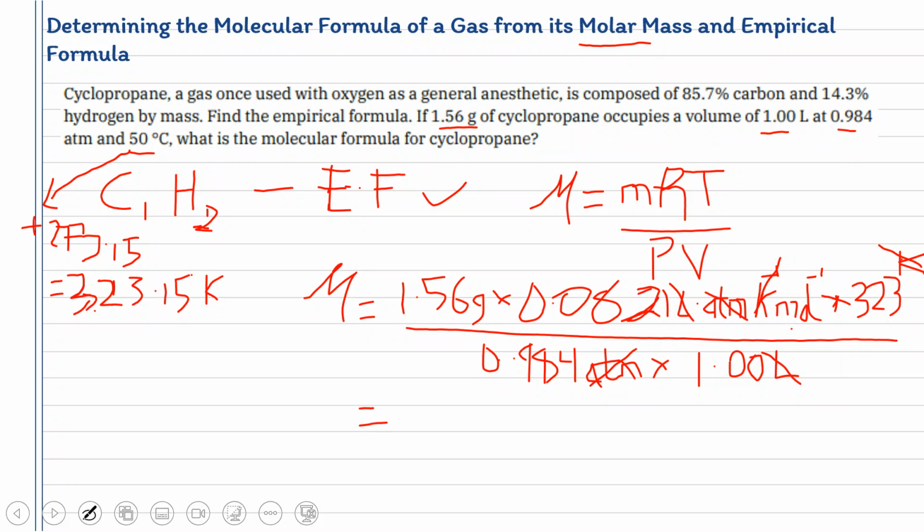Okay, so let's go. So I have 1.56 multiplied by 0.00821 multiplied by 323.15 divided by 0.984 multiplied by 1.